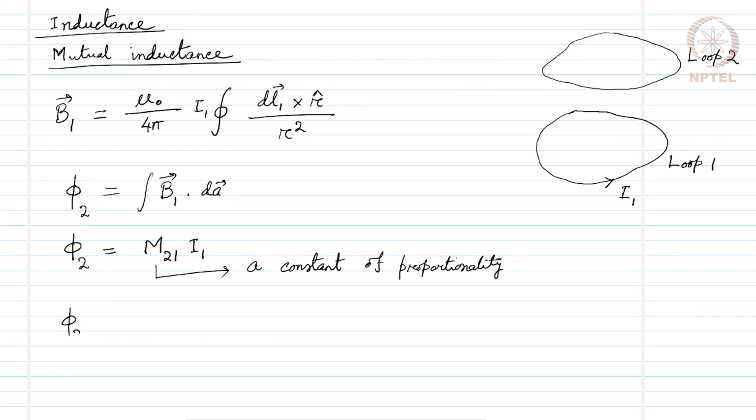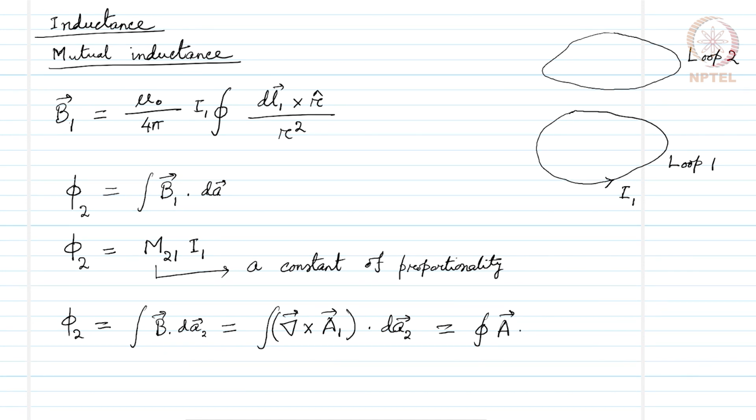Which means we can write phi 2 as integration over B1 dot dA2, that is equal to integration over curl of A1 dot dA2, which is nothing but the closed line integral of the vector potential dot dL2.